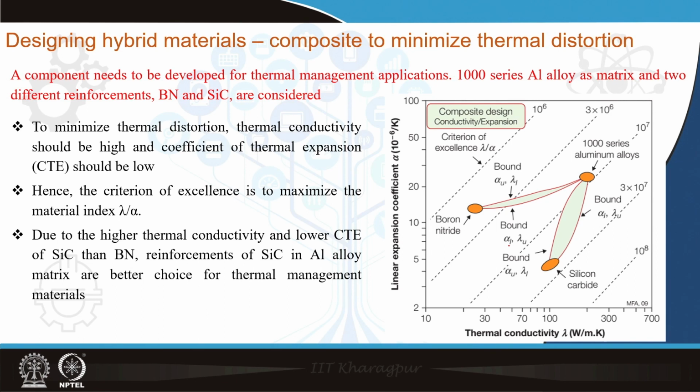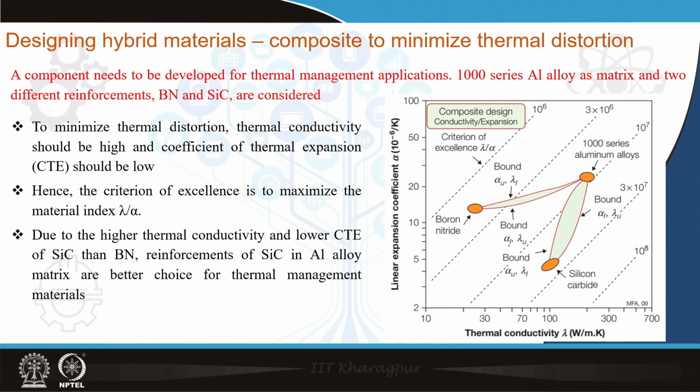One is that the material should have a very high thermal conductivity, because then the temperature will be equilibrated over the whole material volume pretty fast, which leads to less thermal gradient. And the second point is that the material should have a low CTE, or thermal expansion coefficient, because a low expansion coefficient leads to less thermal strain, which again lowers the thermal distortion.